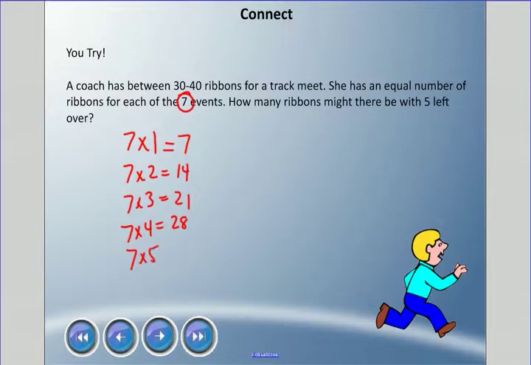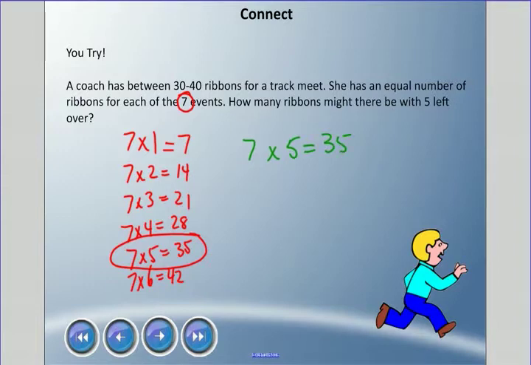7 times 5 is 35. Well, that's between 30 and 40. Let's do one more just to be sure. 7 times 6 is 42. That is outside. So this is going to help us. Okay, so an equal number of ribbons is 5 ribbons for each event.